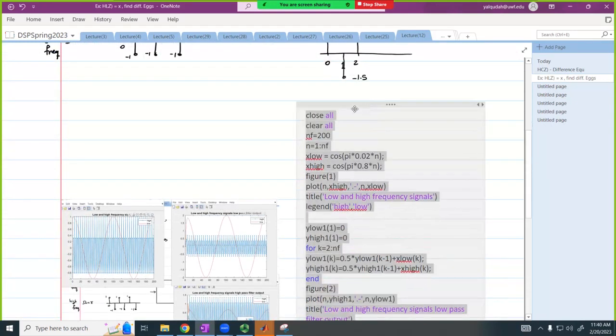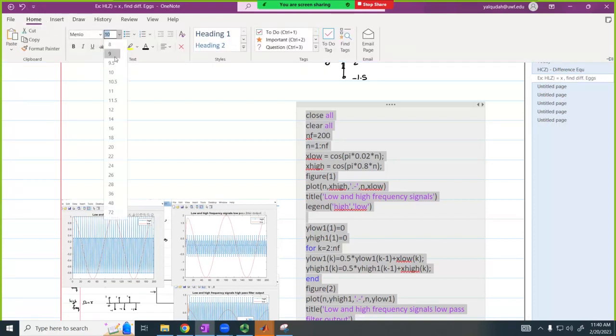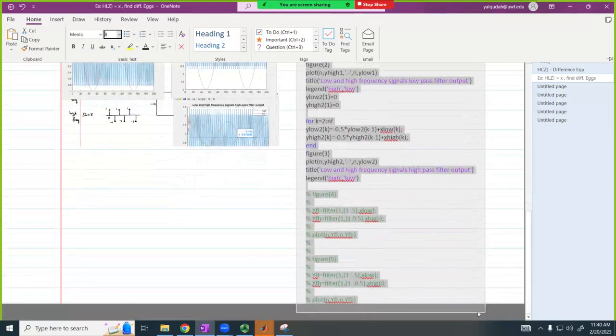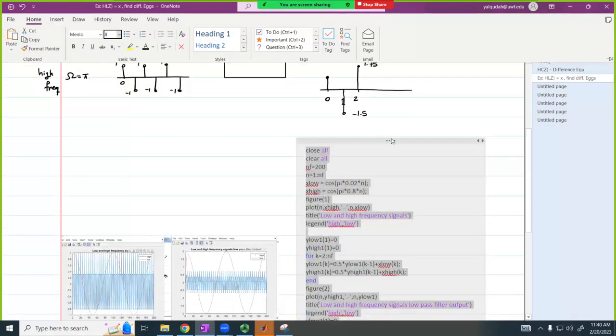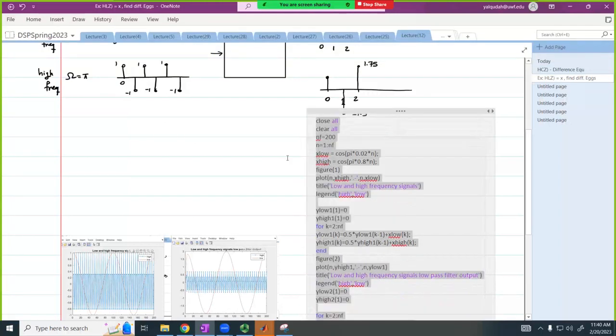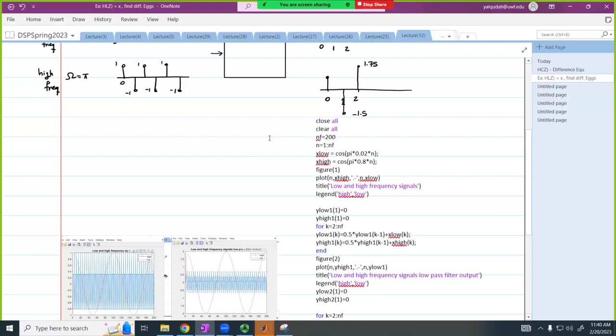I probably should give you more assignments with MATLAB. But nevertheless, when you're studying and if you want to make changes to it and see how it works, here is the code. Any question?